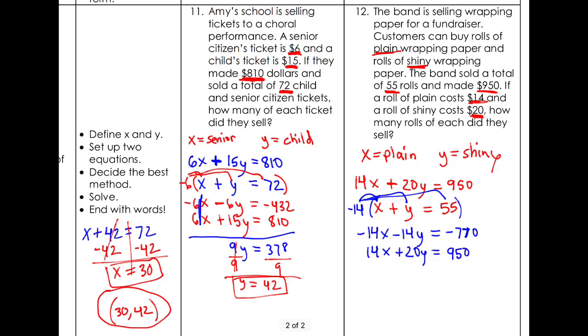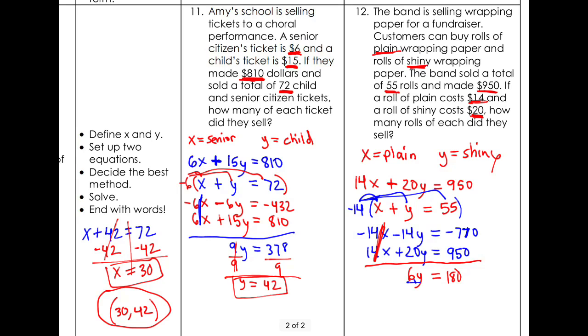For those of you that aren't following that, I just brought that one down and I put it here, so we have them lined up next to each other. So now we eliminated what we wanted to eliminate right there, and so we combine the negative 14y and the 20y, and that gives us 6y. And then you have, again, more calculator work here, negative 770 plus 950 gives us 180.